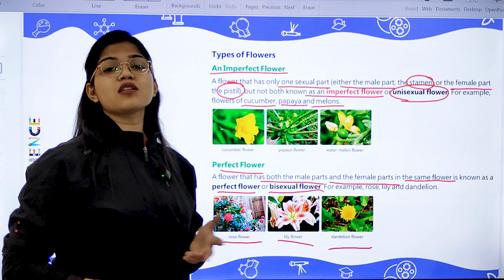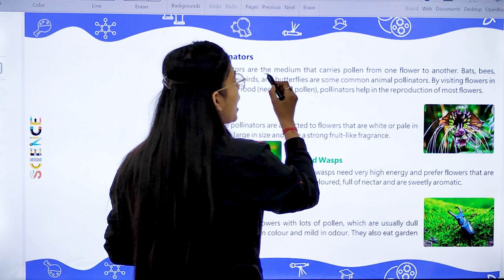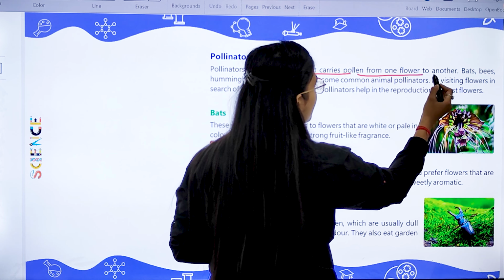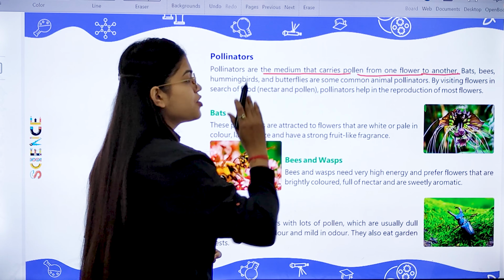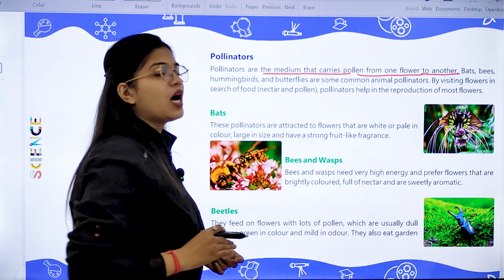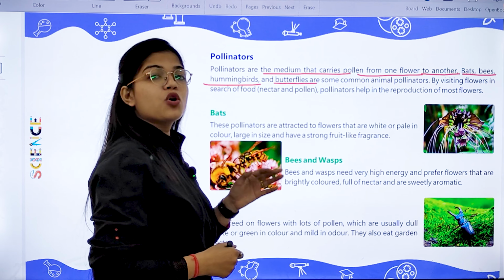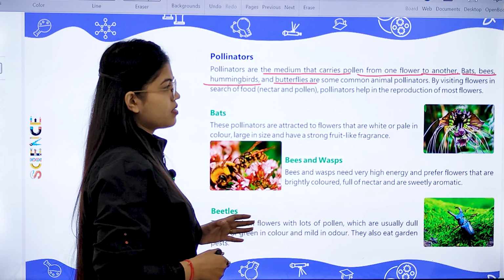Now, the next topic which we have is pollinators. What are these pollinators? They are the medium that carries the pollen from one flower to another. Means the agents, the factors which are responsible for carrying the pollen grains from one flower to another are known as pollinators. For example, bats, bees, hummingbirds, and butterflies are some common animal pollinators.